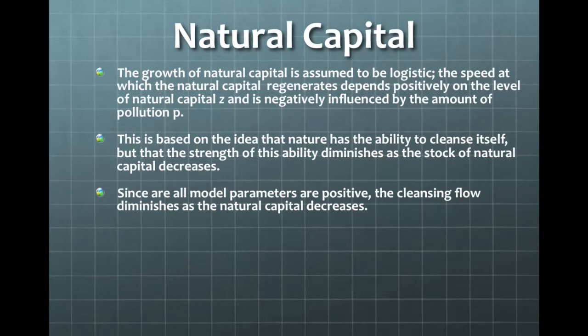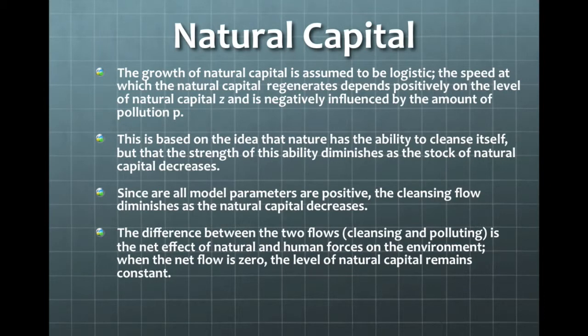Since all the model parameters are positive, the cleansing flow diminishes as the natural capital decreases. The difference between these two flows, the cleansing and the polluting, that appear in that F function, is the net effect of natural and human forces on the environment. So there's a natural ability to regenerate, and then there's the human component trying to clean it up.